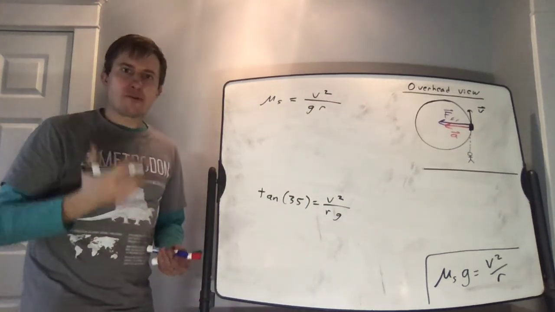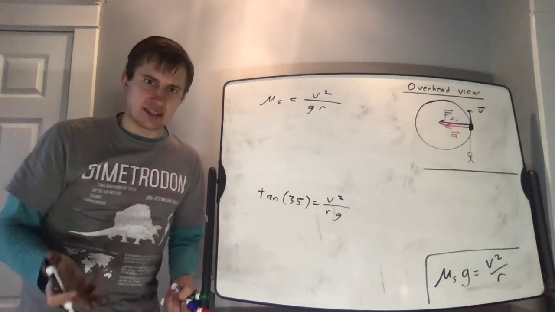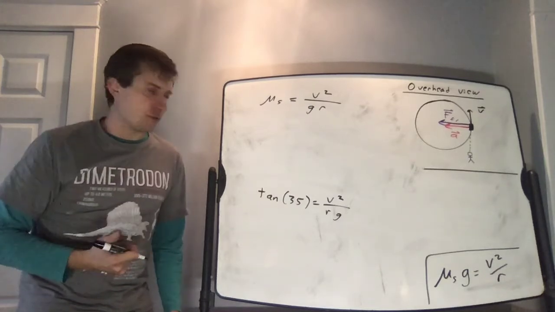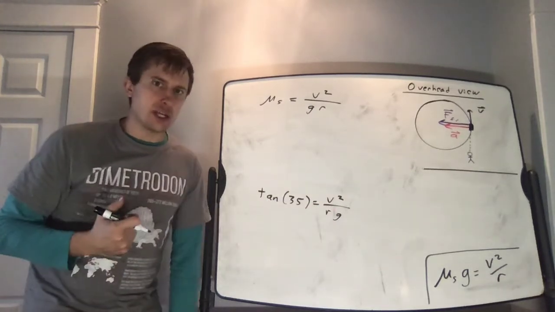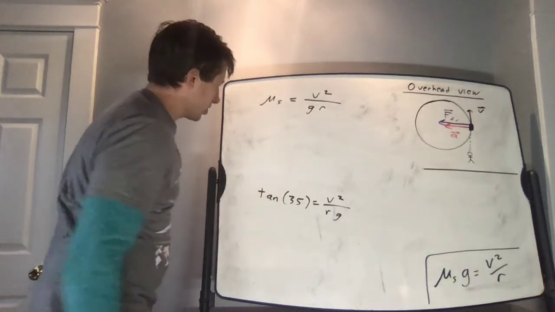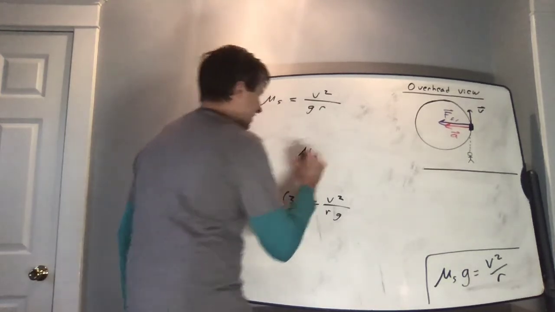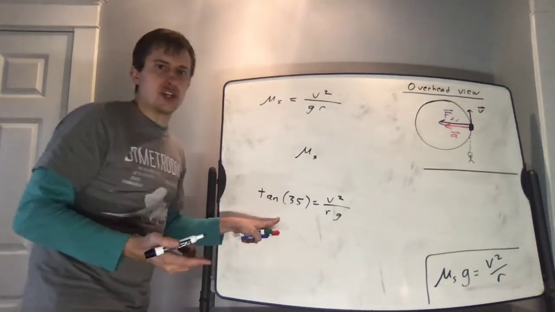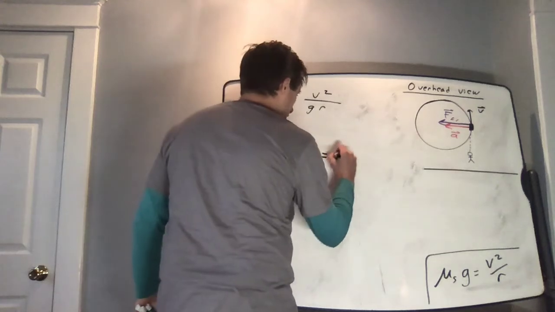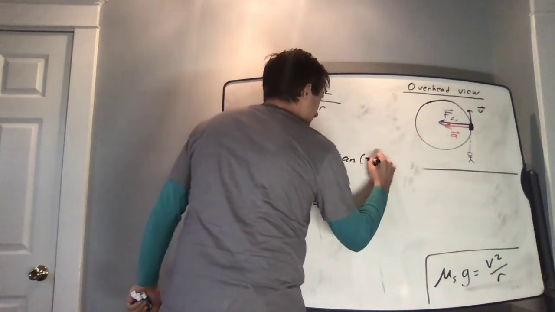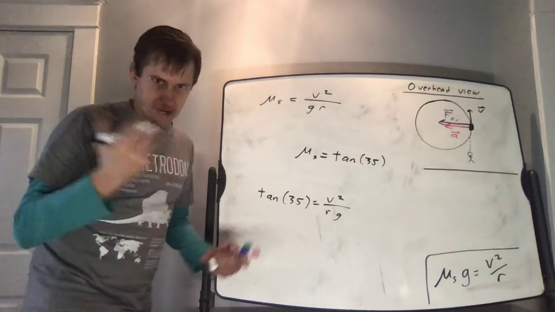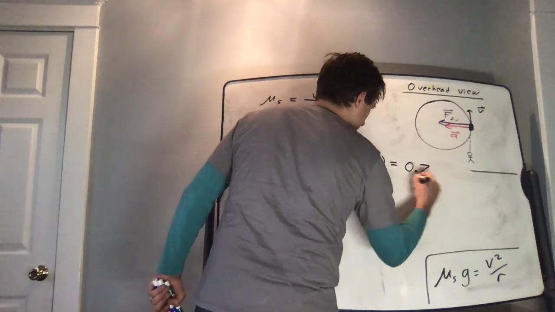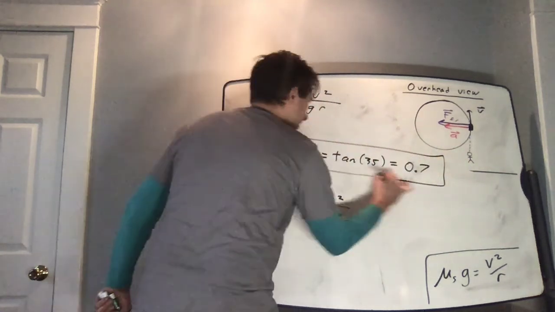And we found from looking at the forces and acceleration of the dice that the tangent of the angle between the dice and the vertical is v squared over rg. So I can compare these two equations and say the coefficient of static friction between the tires and the road is equal to the tangent of the angle between the dice and the vertical. So I get tan 35. And when I put this number into a calculator, I find that the coefficient of static friction between the tires and the road is going to be 0.7.